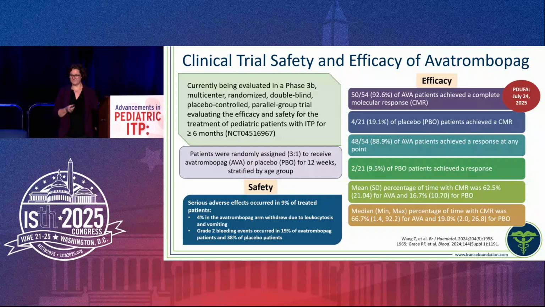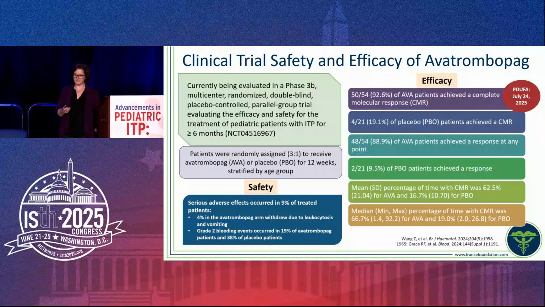And then 48 or 89% of patients achieved a response at any point in time, and only 10% of placebo patients achieved a response. The mean percentage of time was about 60% of the time for avatrombopag patients and about 16% of the time for patients on the placebo arm.